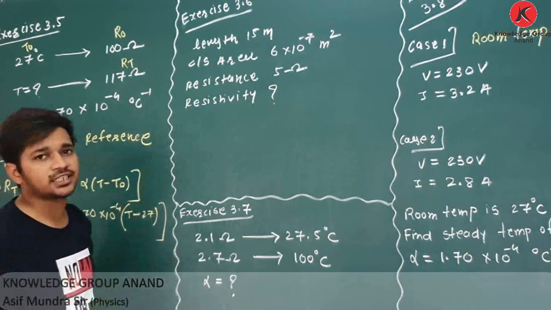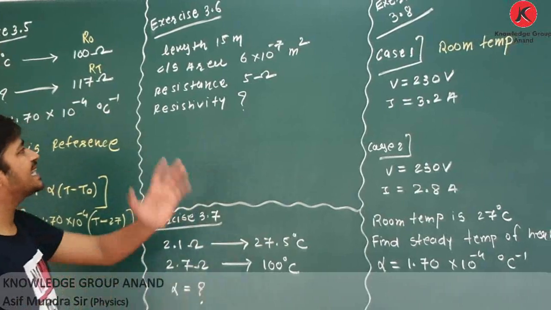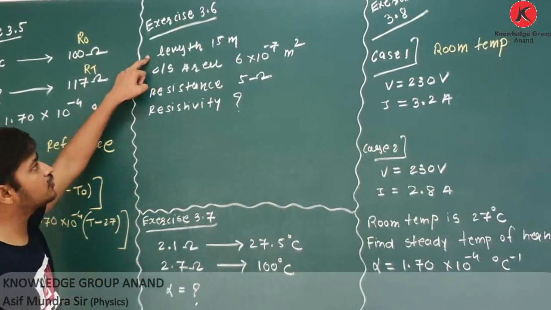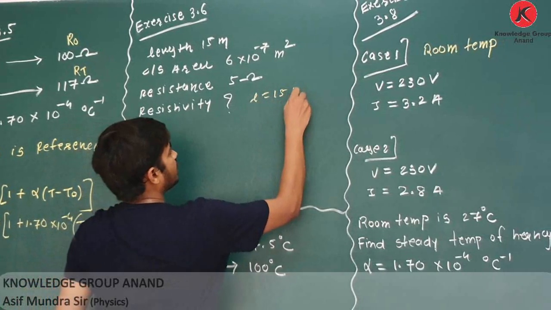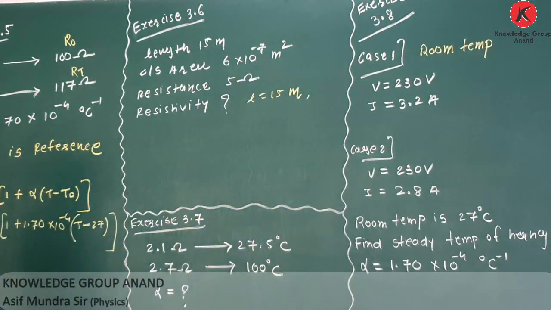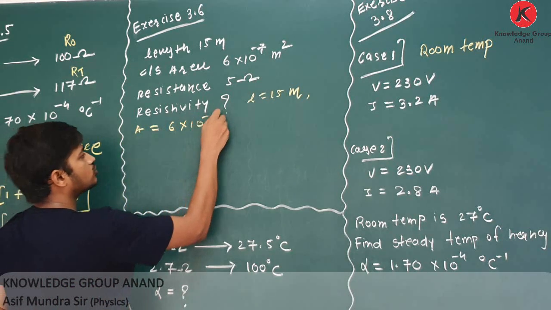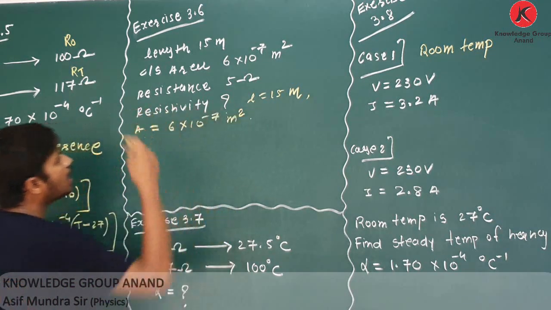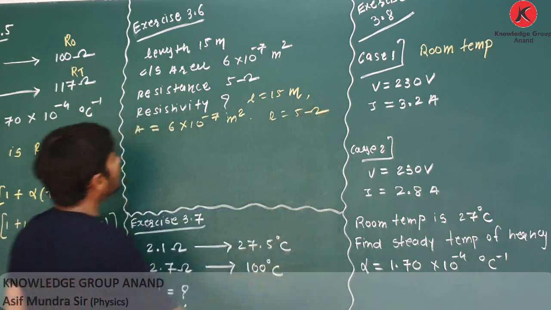Okay, next question. See, exercise 3.6. One conductor carrying current having length 15 meter means L is equal to 15 meter. Cross sectional area means A is equal to 6 into 10 raised to minus 7 meter square. Resistance 5 ohm means R is equal to 5 ohm.